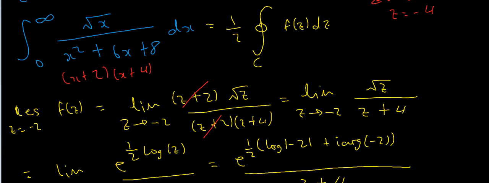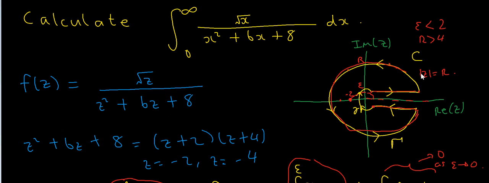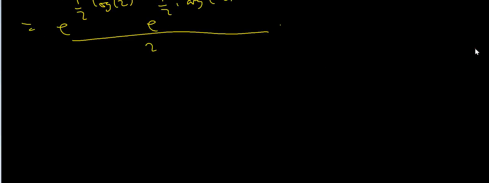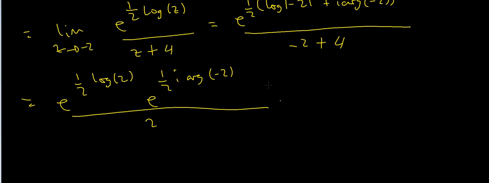So if I go down, it's right here. Keep jumping all over the place. There we go. So this is in fact just equal to e to the 1/2 log 2 times e to the 1/2 i times pi, which is e to the i pi over 2, all divided by 2.